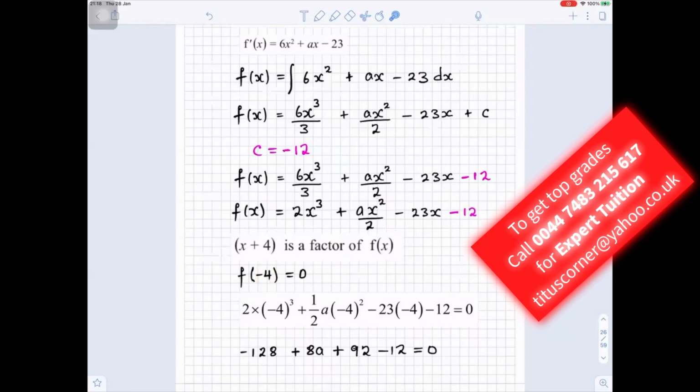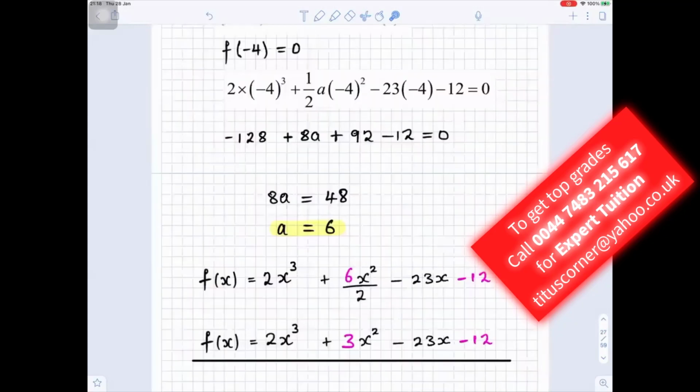So what we want to do is we have the 2, we put minus 4 cubed plus a half a, minus 4 squared, minus 23 times minus 4 is equal to 0. And when you solve that, you get minus 128 plus 8a plus 92 minus 12 equals 0.